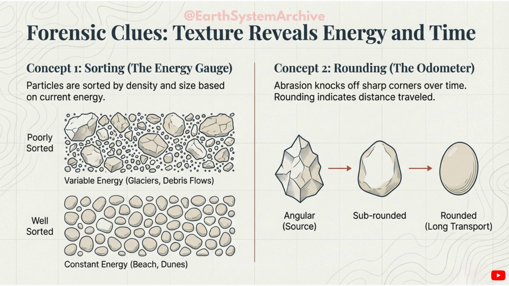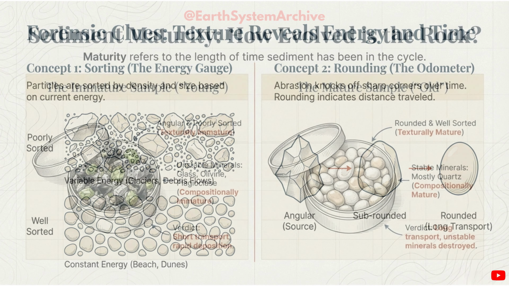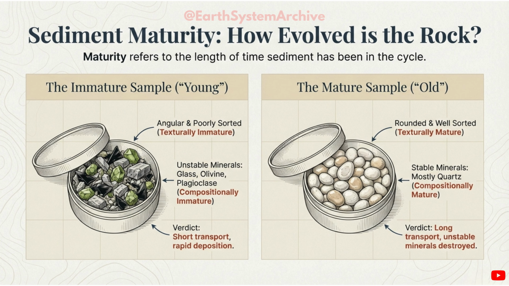C. Sediment maturity. Sediment maturity refers to how long sediment has been in the sedimentary cycle. Texturally mature, well-rounded plus well-sorted, long transport or reworking. Compositionally mature, dominated by stable minerals, especially quartz, because unstable grains break down with prolonged exposure or transport.